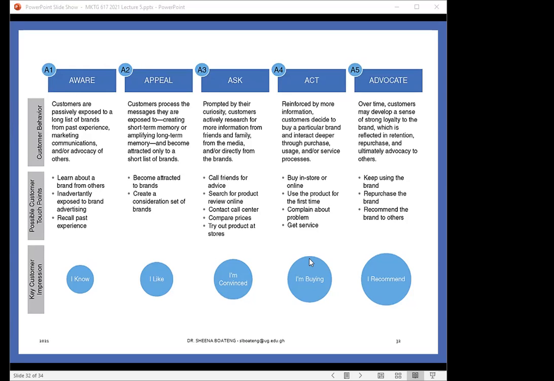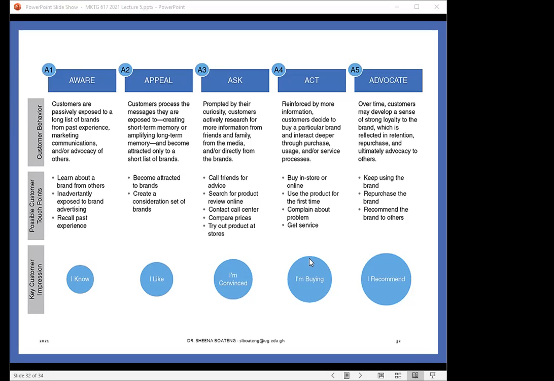Then we also need to look at the next stage after act, which is the advocate phase, where we are making sure that the relationship does not end when the customer buys the product, but we go ahead and engage in active relationship building activities to ensure that the customer keeps using the brand, and not just keep using it, but also keep coming back to refill and repurchase, and then going ahead to recommend the brand to others, and also advocating actively for the brand to other online users, right?